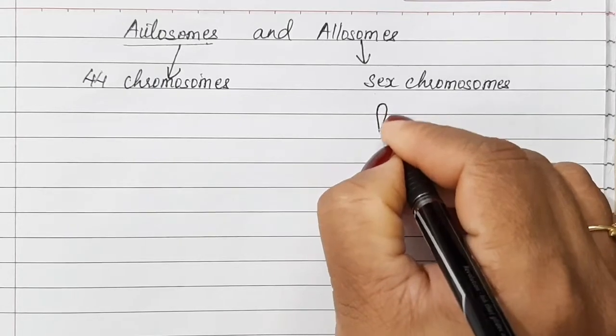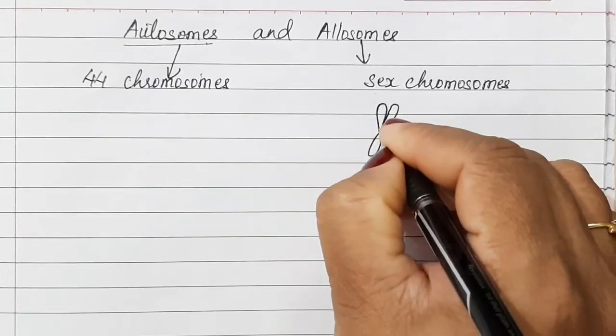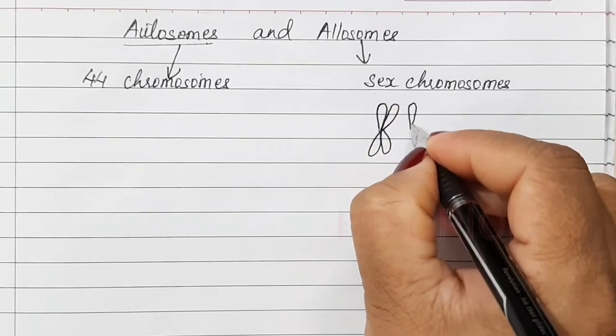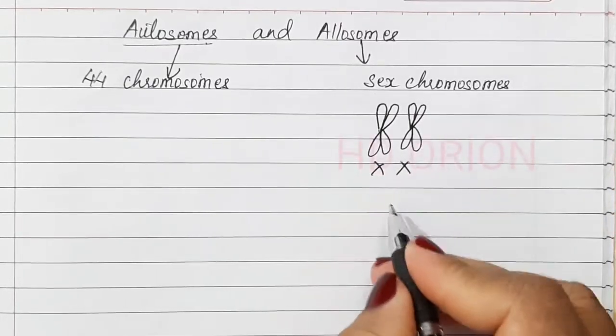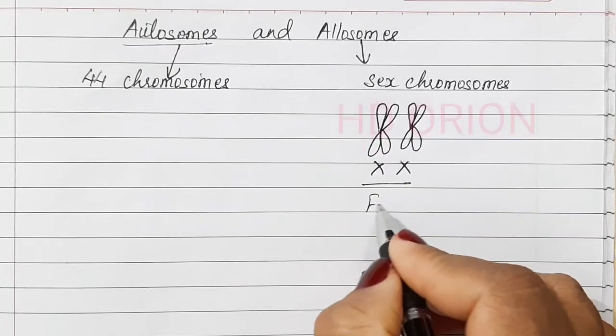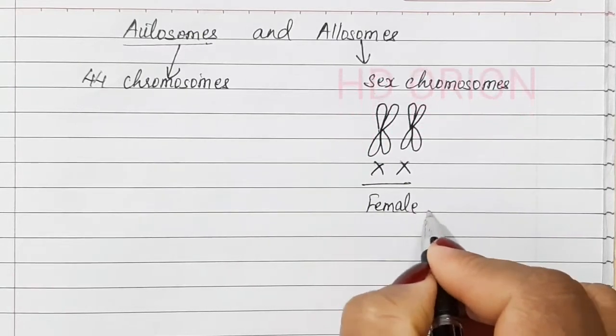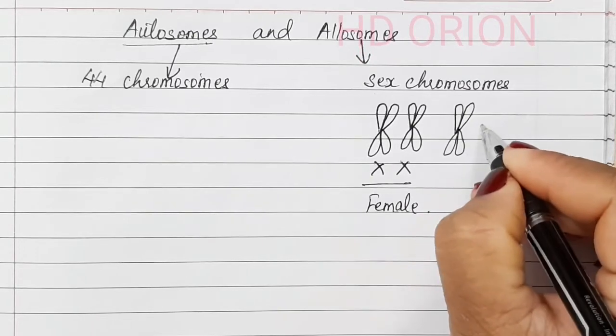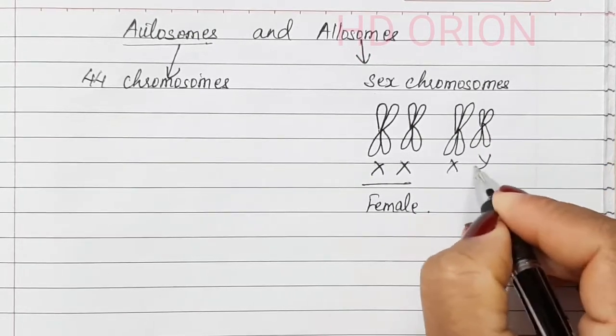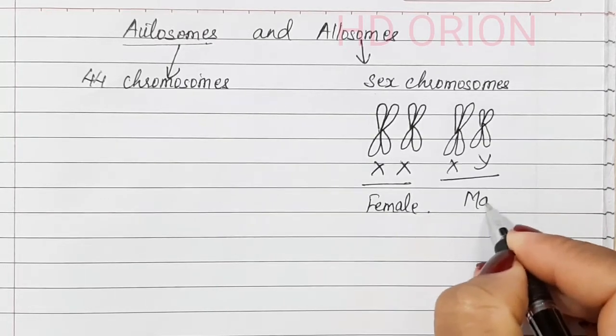If both of them are the same, like this, one is X, another one is X, we call this a female. But if one is X and another one is smaller and is Y, we call it male.